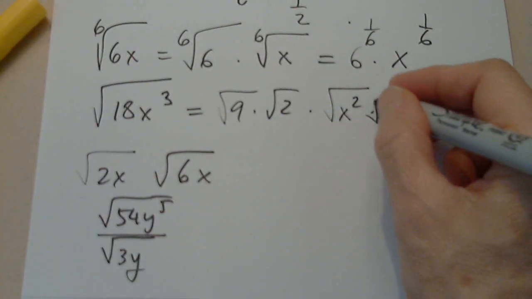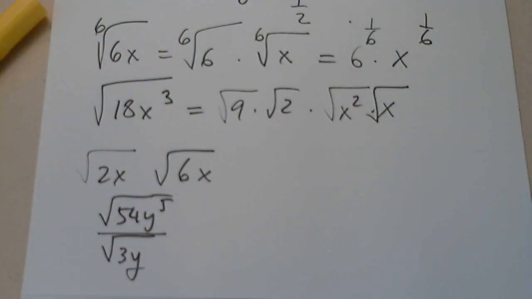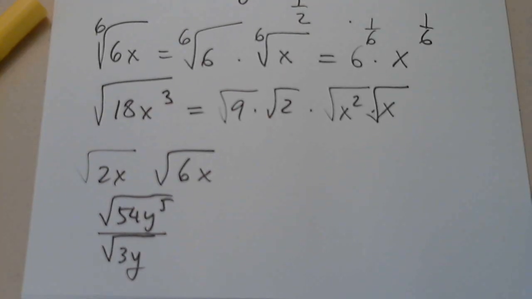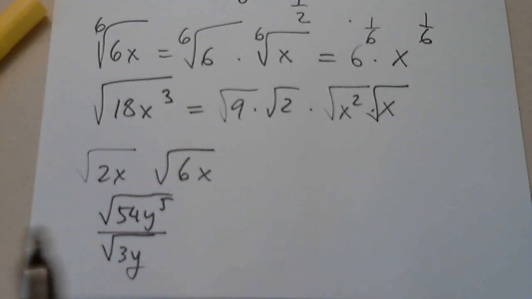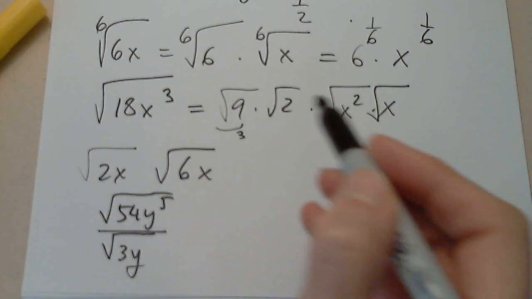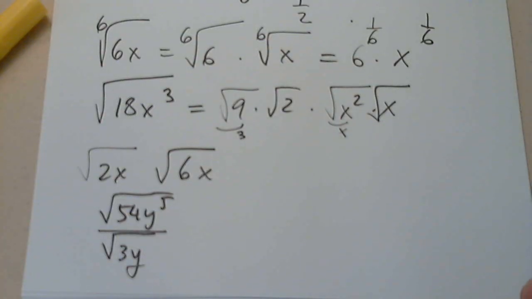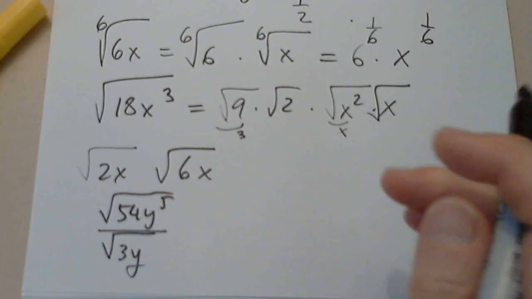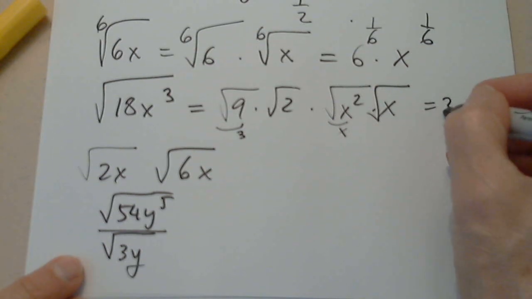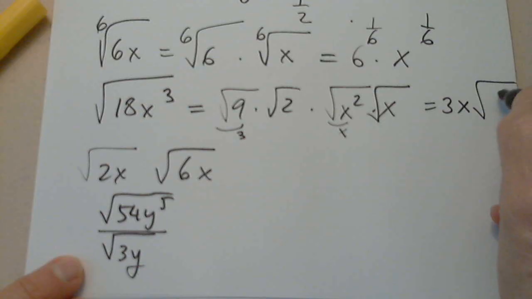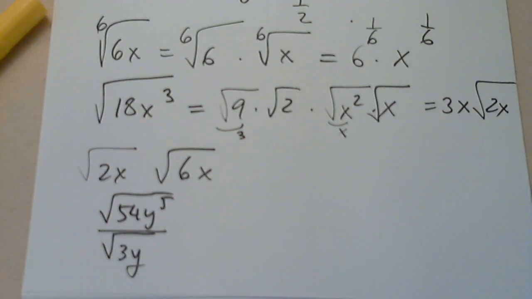Of course, the square root of x. So I split x cubed into x squared and x, because I can take the square root of x squared, but I cannot take the square root of x. So this becomes 3. This becomes x. It should be the absolute value, but they're telling us everything is positive. So 3 and x go outside, and I regroup these two as the square root of 2x. And this is it.